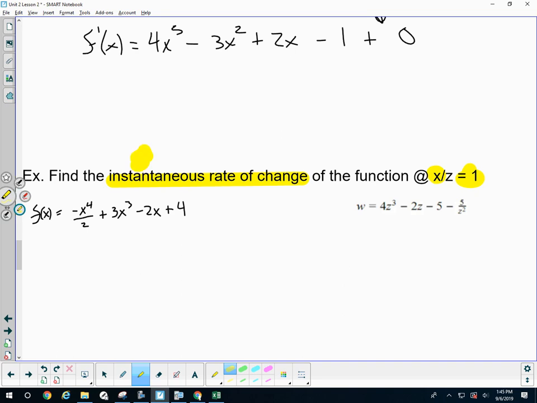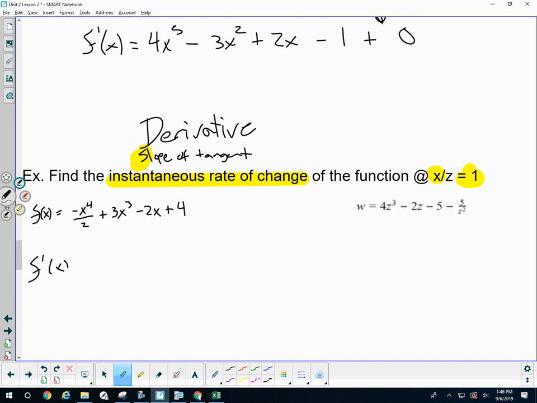So don't be intimidated by this new question, which doesn't say take the derivative. You know that this is the same as this, which is the same as this new word. Okay, so let's take the derivative, getting the slope of the tangent after we plug in 1.